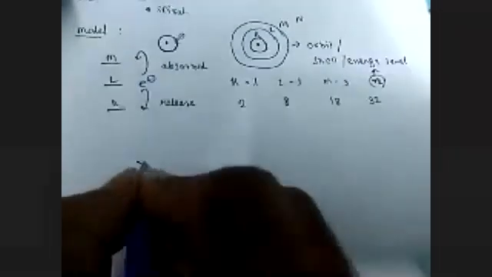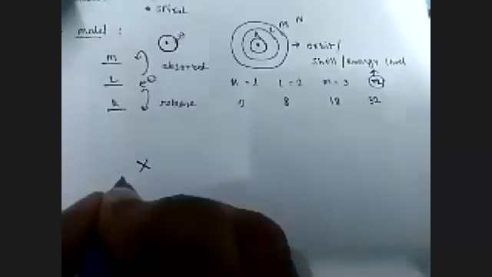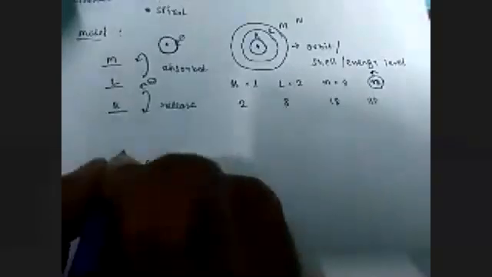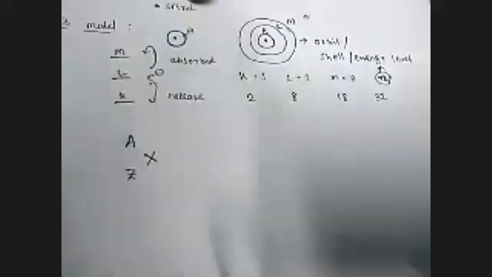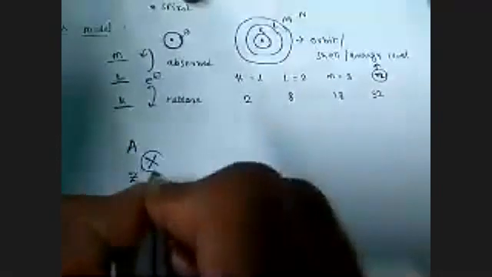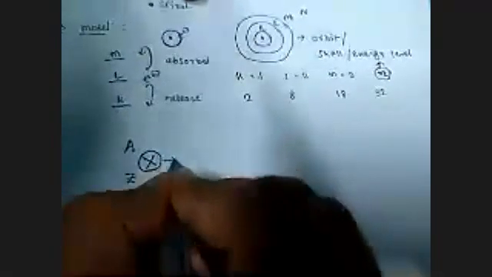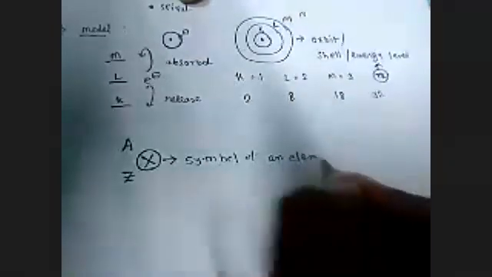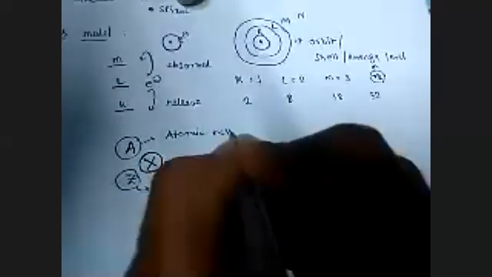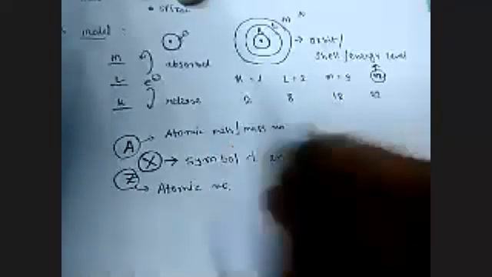Suppose this is H, this is Z as a prefix here, and this is A. An atom is represented like this, where H represents the symbol of the element, Z is the atomic number, and A is the mass number, or atomic mass. Okay.